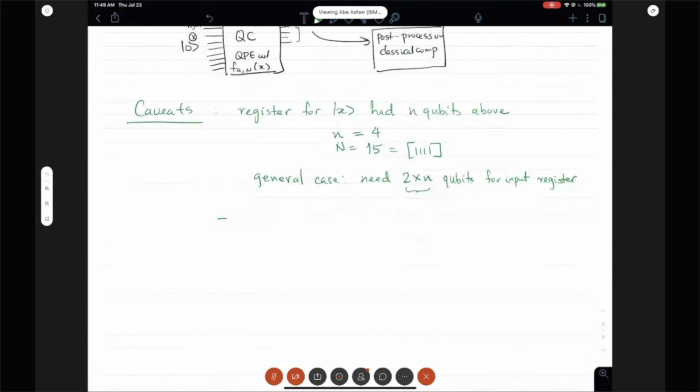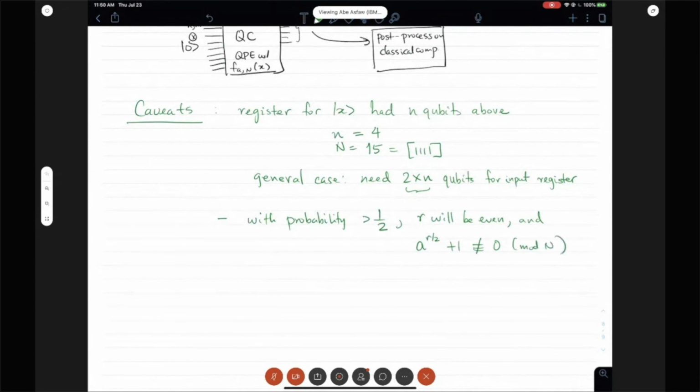All of these processes will, with probability greater than a half, r will be even, and a to the power of r over 2 plus 1 will not be equivalent to 0 modulo n, which means you will be able to extract those primes. So with probability at least a half, we should be able to get success going through this process. Okay? Those are the caveats that I wanted to mention to you.